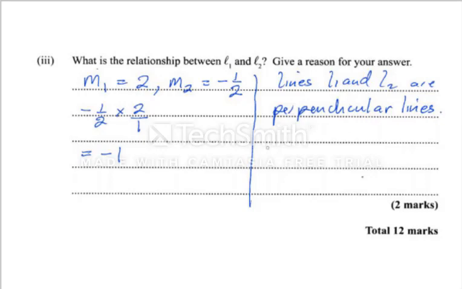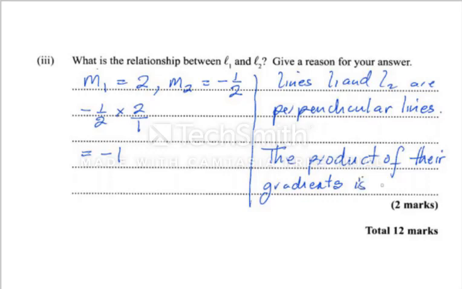And this is because the product of their gradients is -1. So if the product of the gradients of two lines is -1, the two lines are perpendicular to each other.